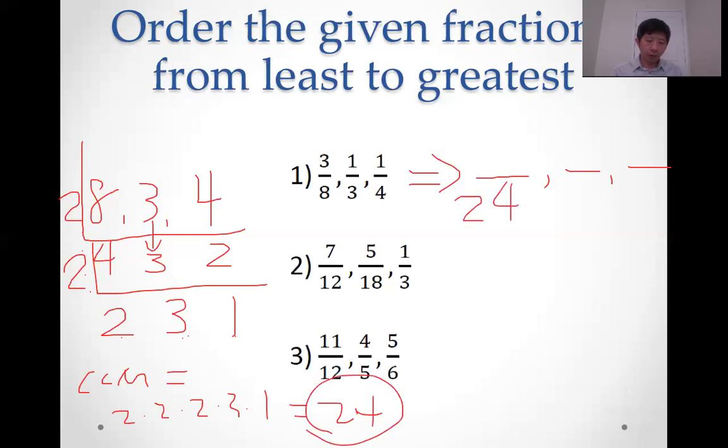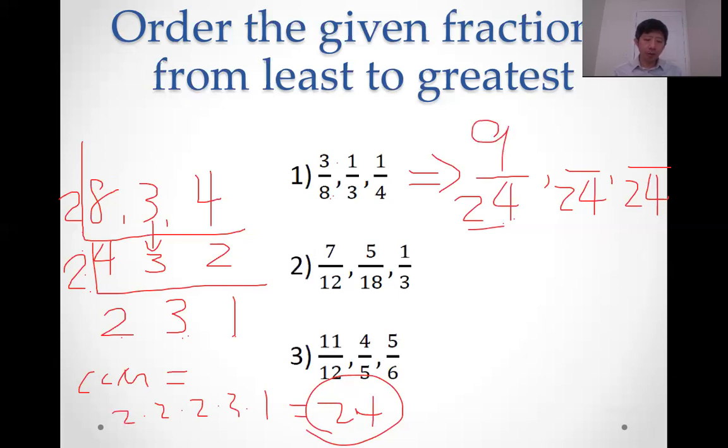24 for this, 24 for this, and then 24 for this, right? And then once this is 24, we fill in the numerator. So you take 3 times 8, which is 24. So you have to take 3 times 3, which is equal to 9.